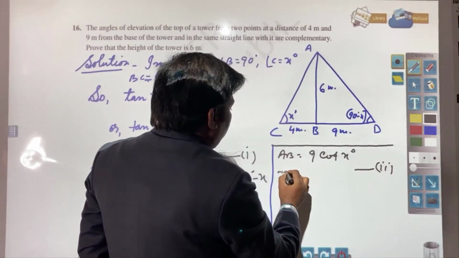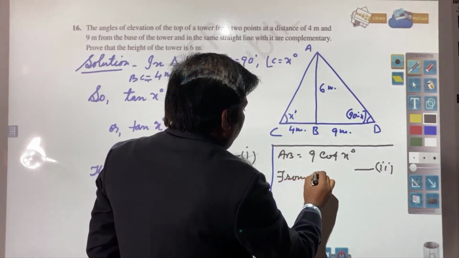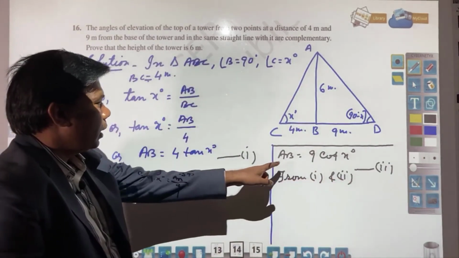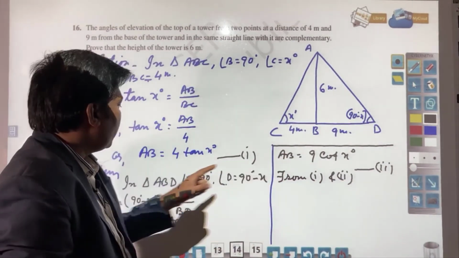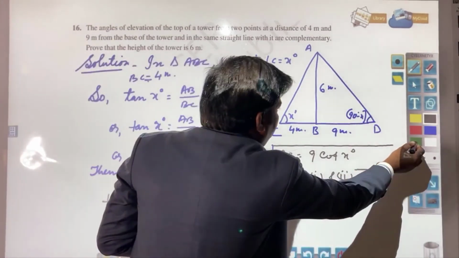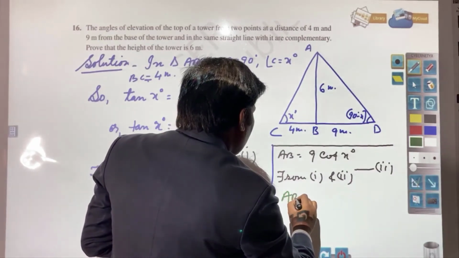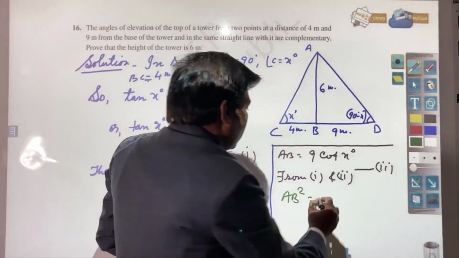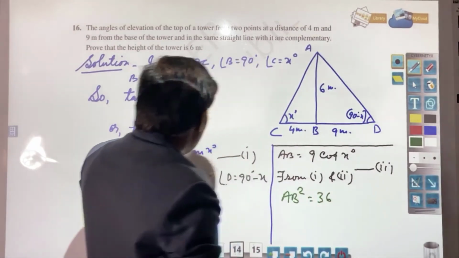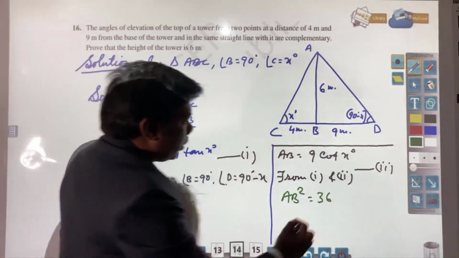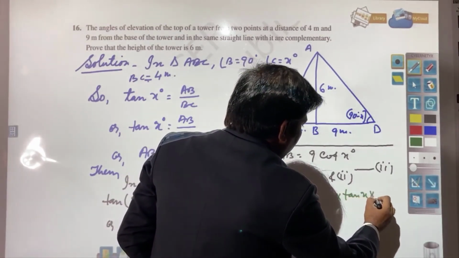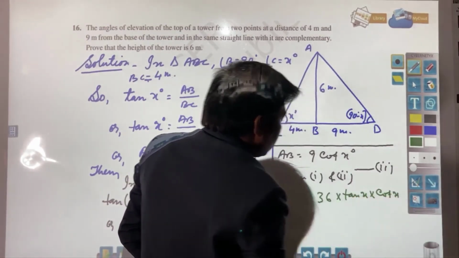From first and second, just multiply this. AB into AB will become AB square, and that is equal to 4 into 9, 36, tan x into cot x.